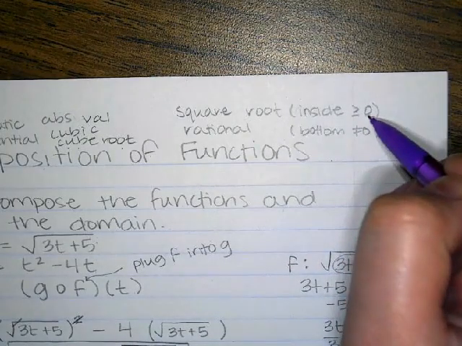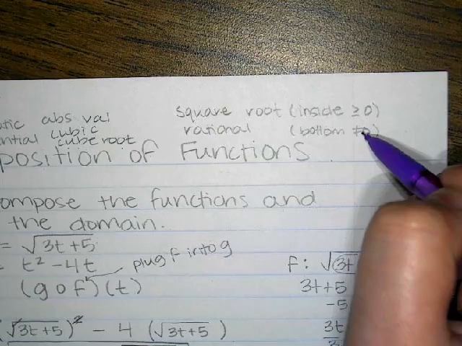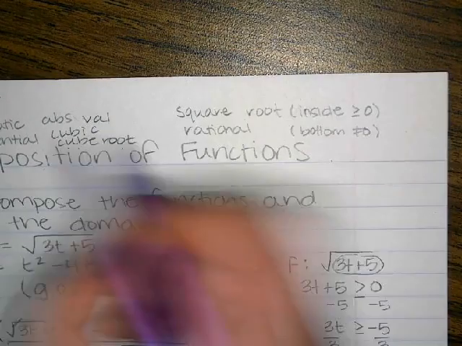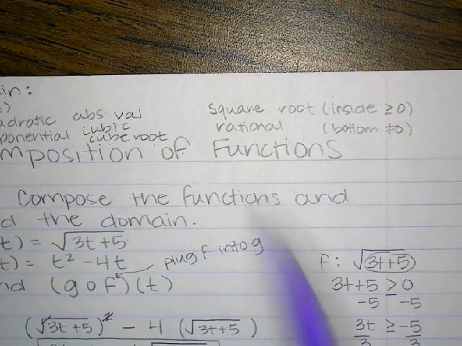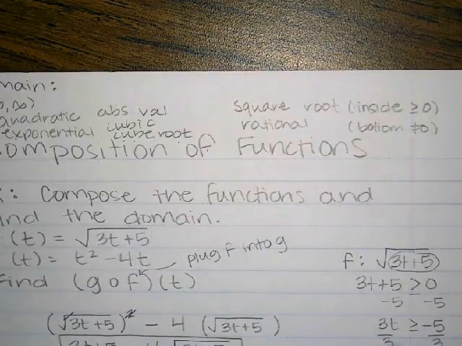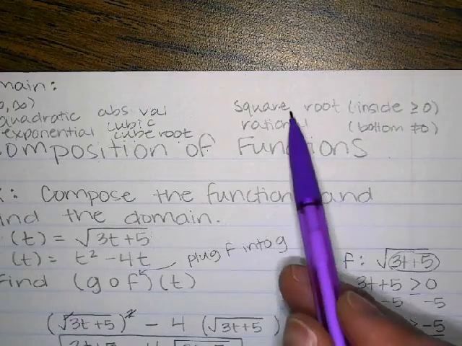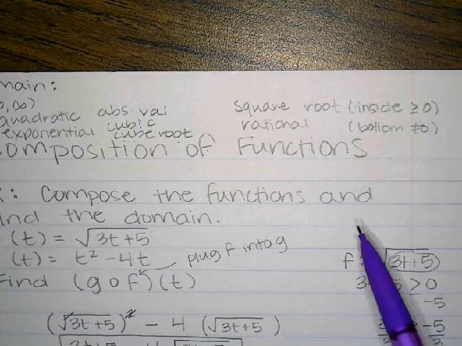Rational, the bottom cannot equal 0. Everything else that we've learned, quadratic, exponential, absolute value, cubic, cube root, those are all real numbers. Okay. So these are the two we're going to watch out for on this assignment.